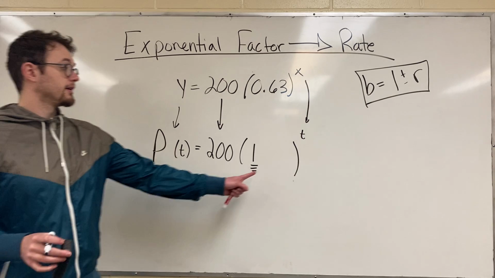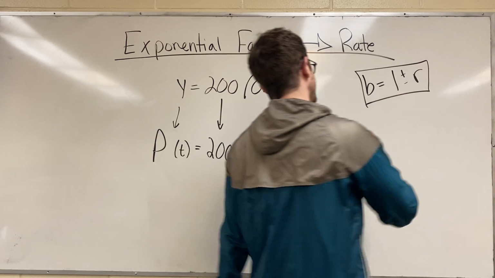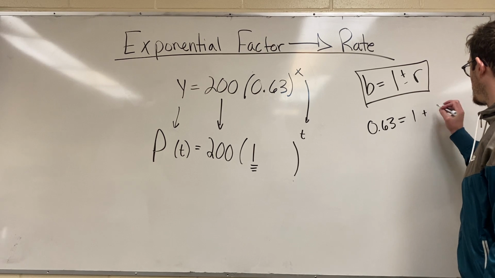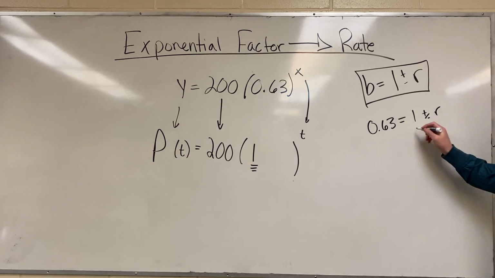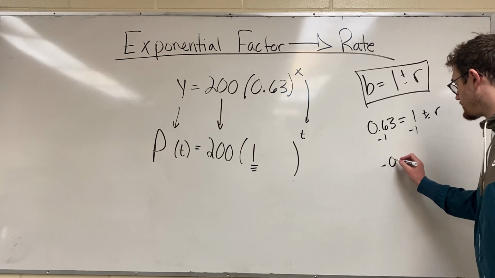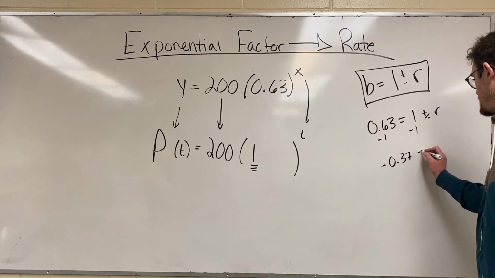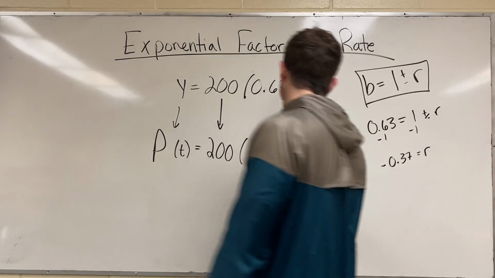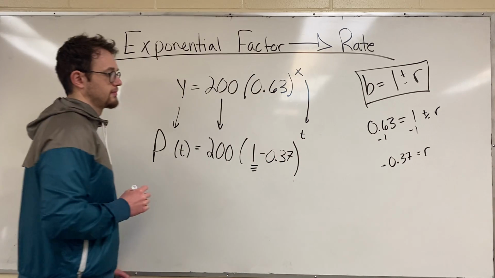All right, so I need to figure out what do I do to 1 to get 0.63, so I can plug it in. So I can plug in 0.63 equals 1 plus r. When I subtract 1, I'm going to get negative 0.37. So I take that negative 0.37, there's r.